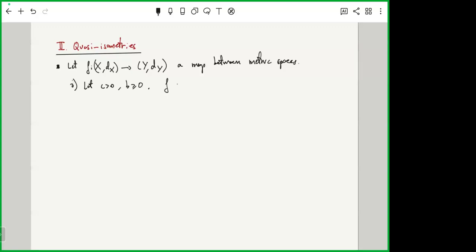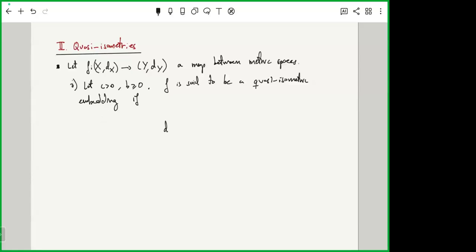So then F is said to be a quasi-isometric embedding if the following inequalities hold. Let me be more explicit.